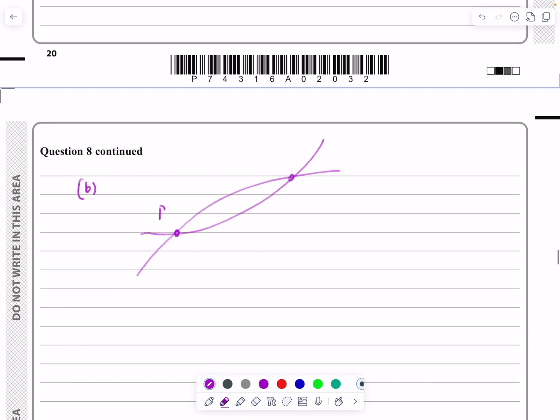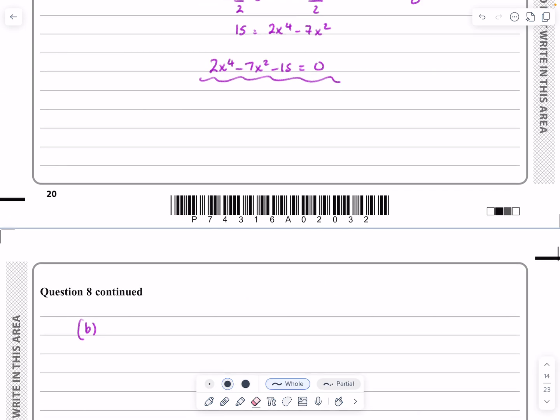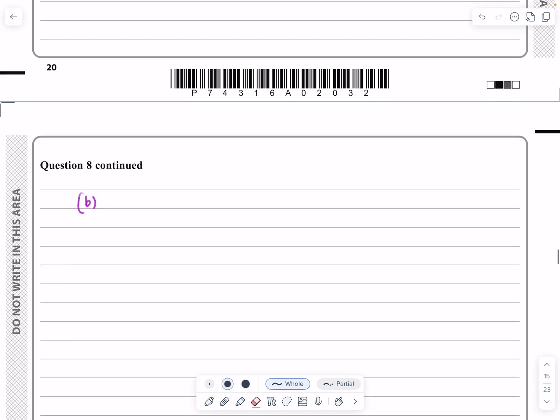And once I've got the coordinates of PQ, I can just use the formula for the length of the line, square root of x2 minus x1 squared plus y2 minus y1 squared, which you should be very familiar with. P and Q will be the solutions to this equation.